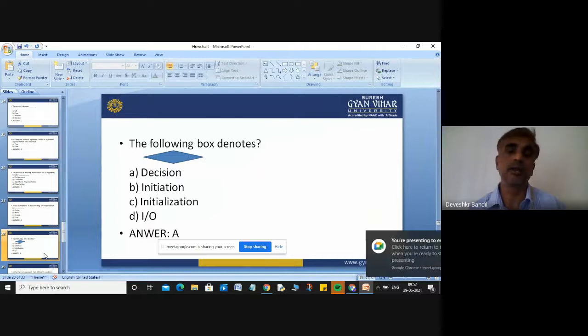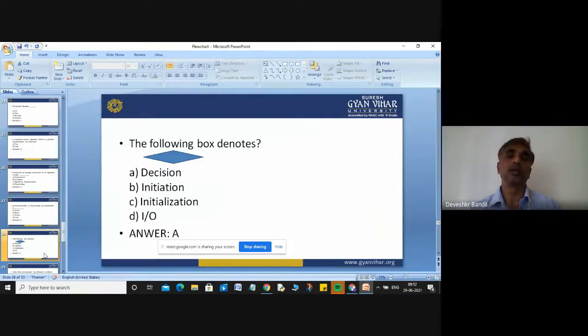Another question is: the following box denotes. Here I mentioned a box, that is a diamond. In this question, what is the purpose of this box?